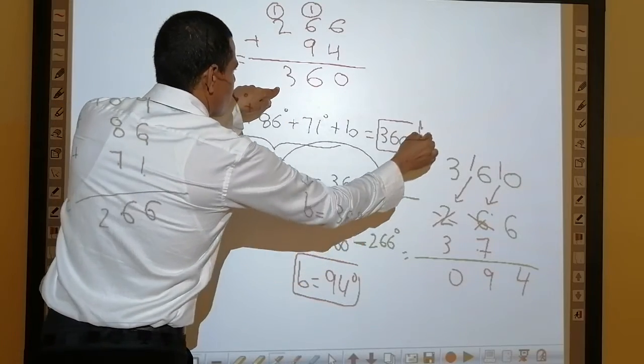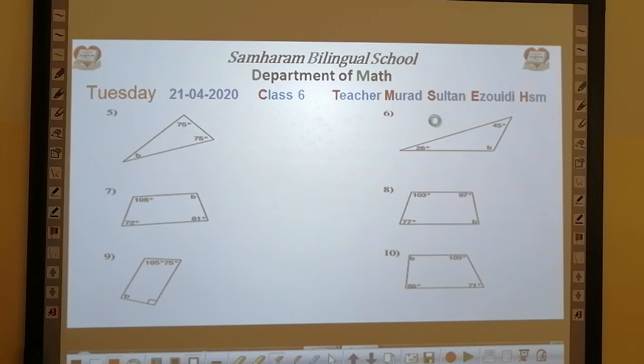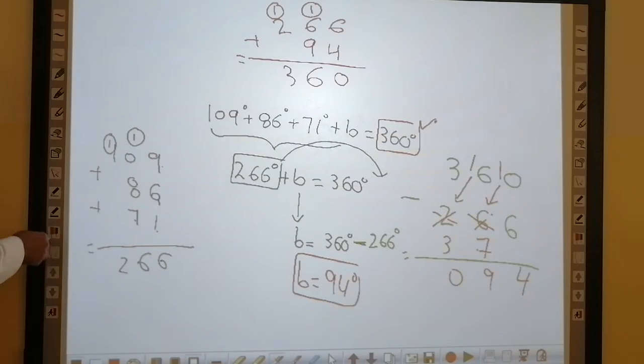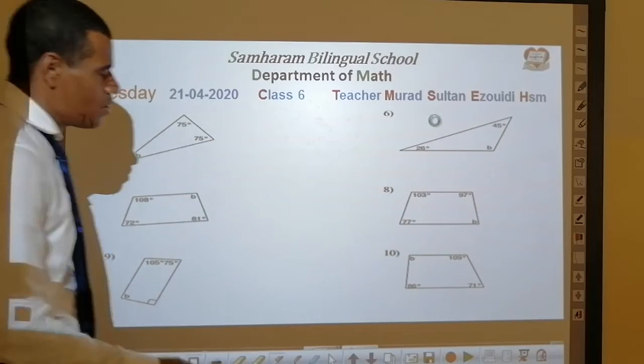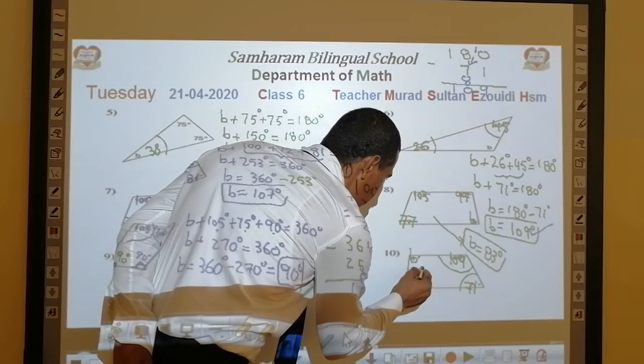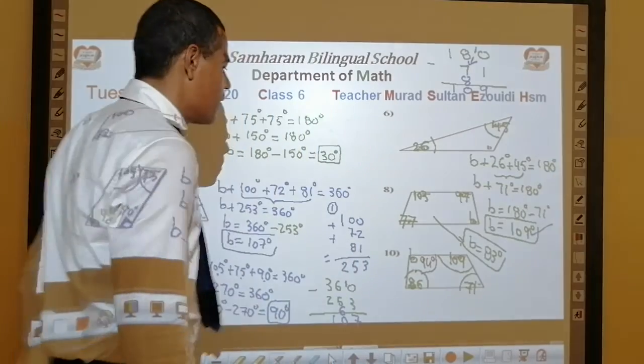So the answer is correct, my kids. Okay? So B equals 94. So this one, B equals 94 degrees. Okay?